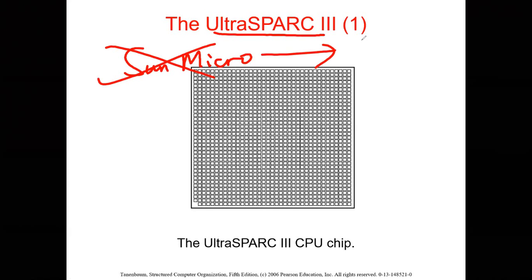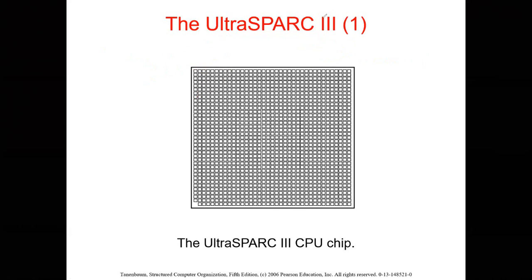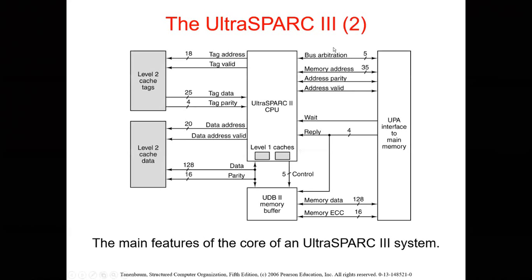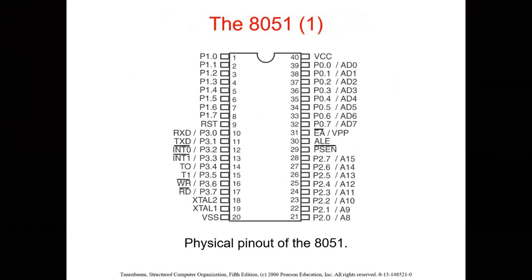It was sold to Oracle, so this one is no longer there. Sun Micro was popular for a while, but it's done now. It's not important. The Pentium series takes over everything now. UltraSPARC is similar. You have these different levels of cache, so you can study it.